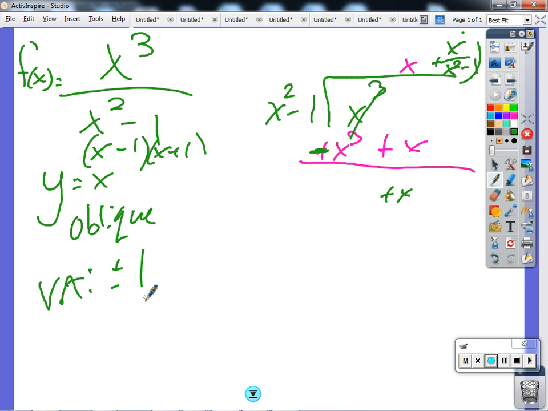What value of x makes us 0 in our denominator? How about overall in the fraction? So the top is 0, and that would be 0.